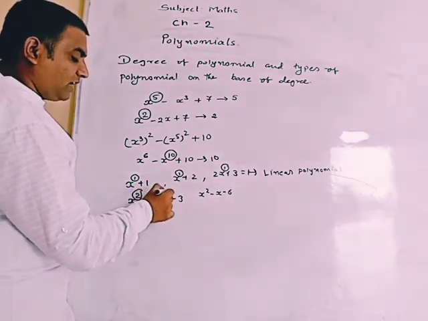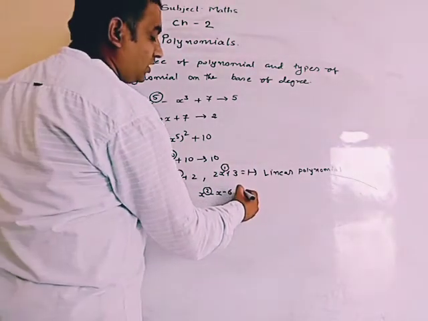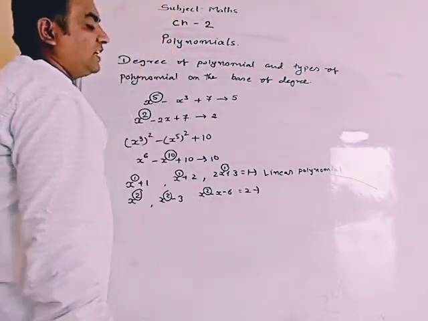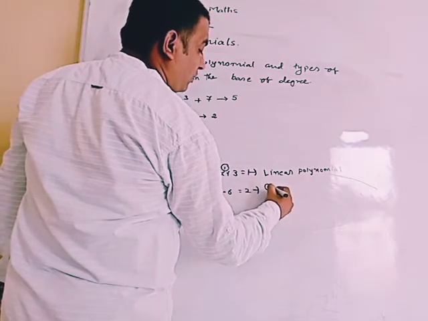Here the highest power is 2, so the degree is 2, and polynomials which have degree 2 are known as quadratic polynomials.